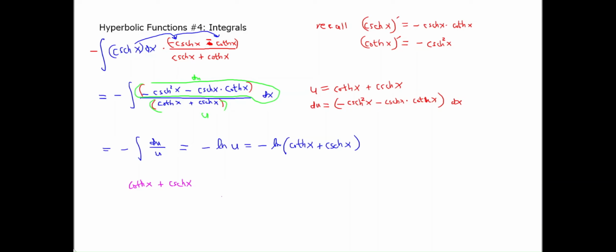Now the hyperbolic cotangent is really cosh over sinh, and the hyperbolic cosecant is really 1 over sinh. So I can get a common denominator like this. Now what I want to do is use some double angle identities that we talked about in our very first video back in number 1.